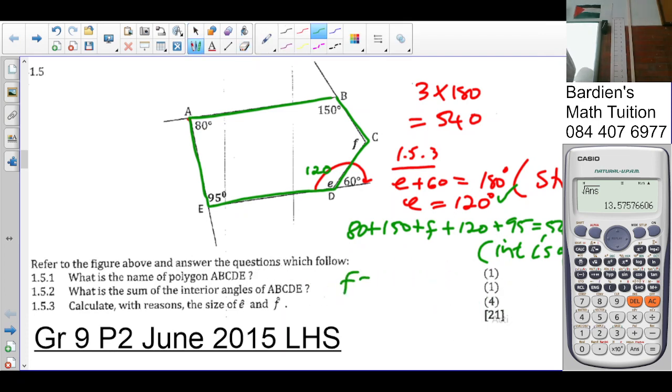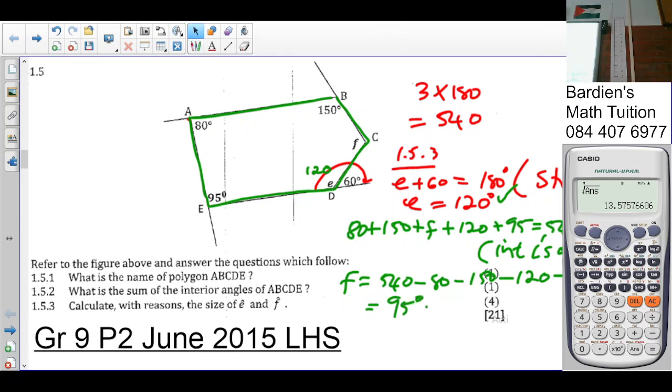So you got F is equal to 540 minus 80 minus 150 minus 120 minus 95. That gives us 95. Okay. Any confusion here? No? Just take the calculator away here quickly.